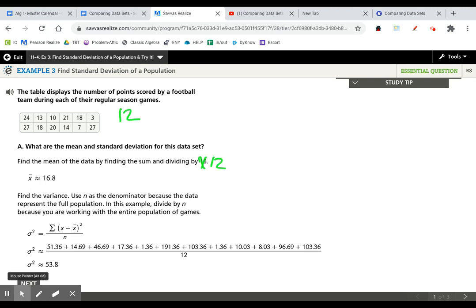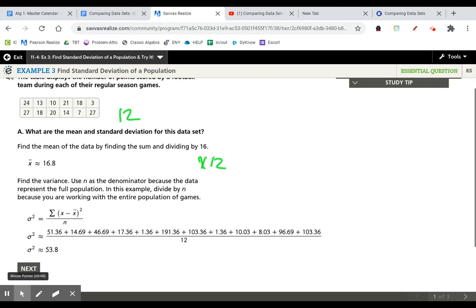Okay, now we have the standard deviation. Tons and tons of math being done for us. I'm going to show you where one of these numbers comes from. We're taking this 51.38, and the rest of it will explain itself.